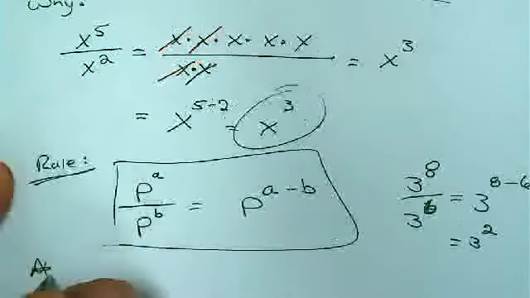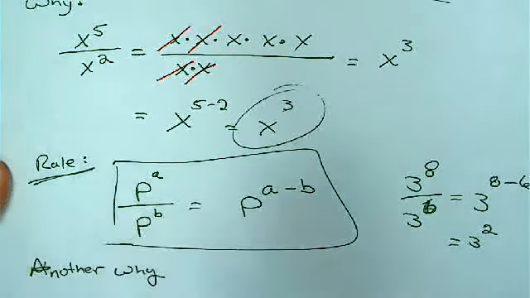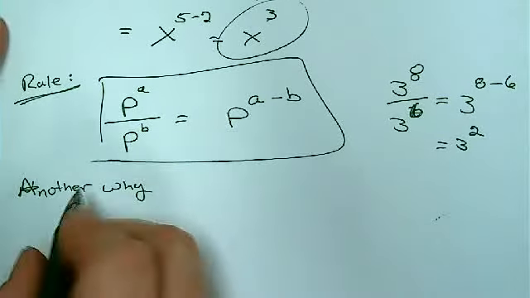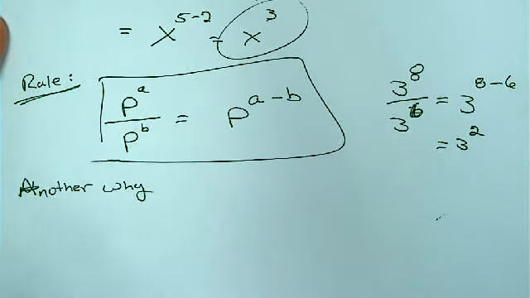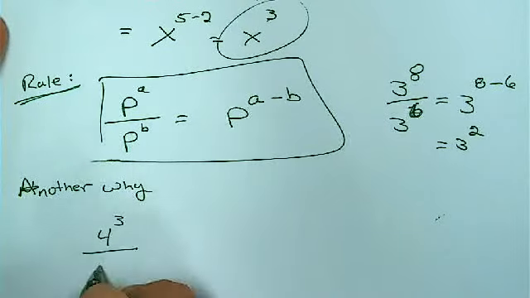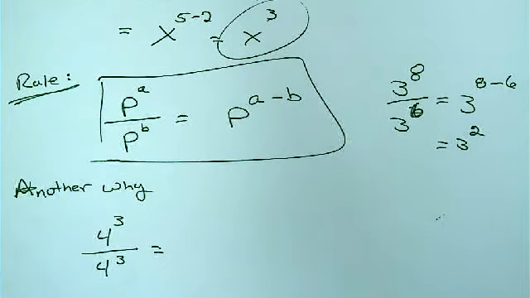Now, another thing I want to mention while we're talking about such things. Let's do this. I'll use real numbers. 4 to the 3rd divided by 4 to the 3rd. Let's use this rule of exponents. If I have the same base and I'm dividing, what do I do to the exponents? You minus them.